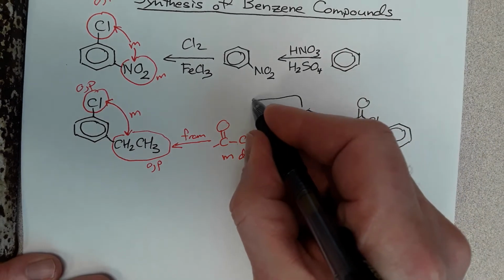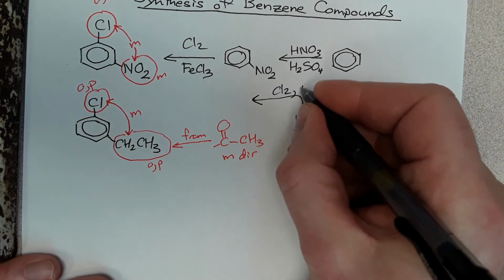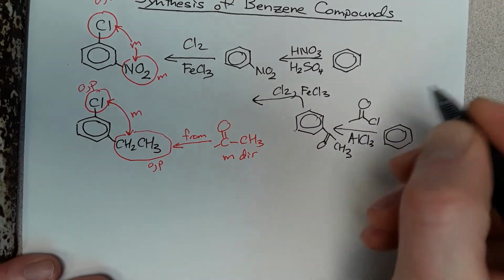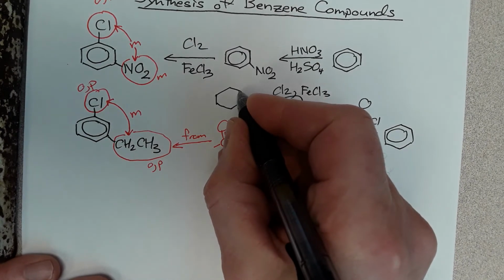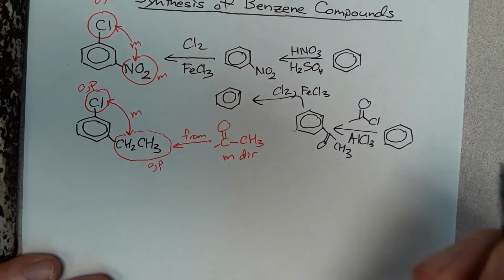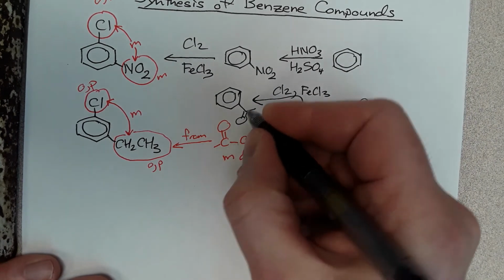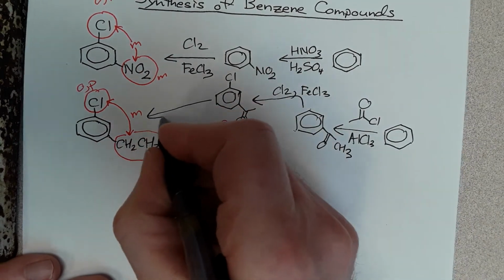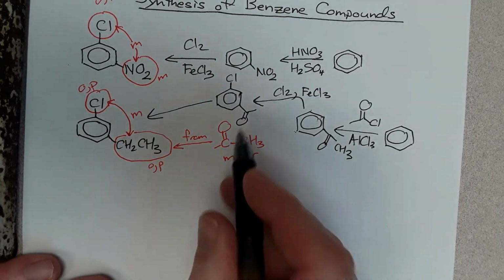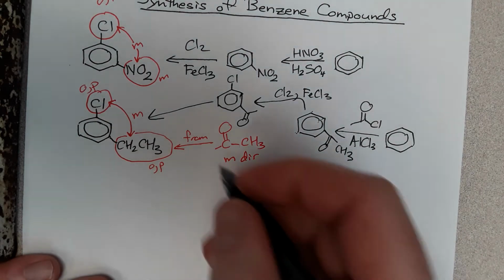So chlorine and iron trichloride gives you that product, and then you just need to chop off the carbonyl there, and there are a variety of different ways to do that.